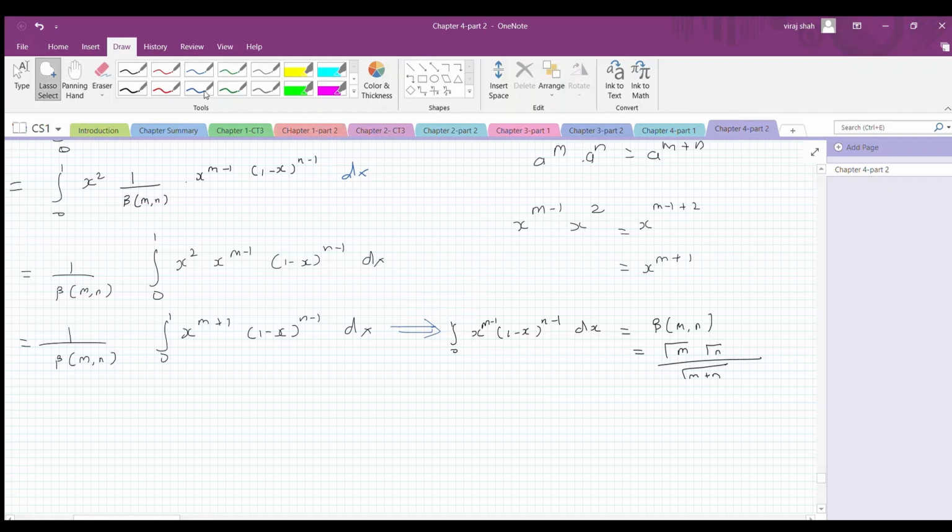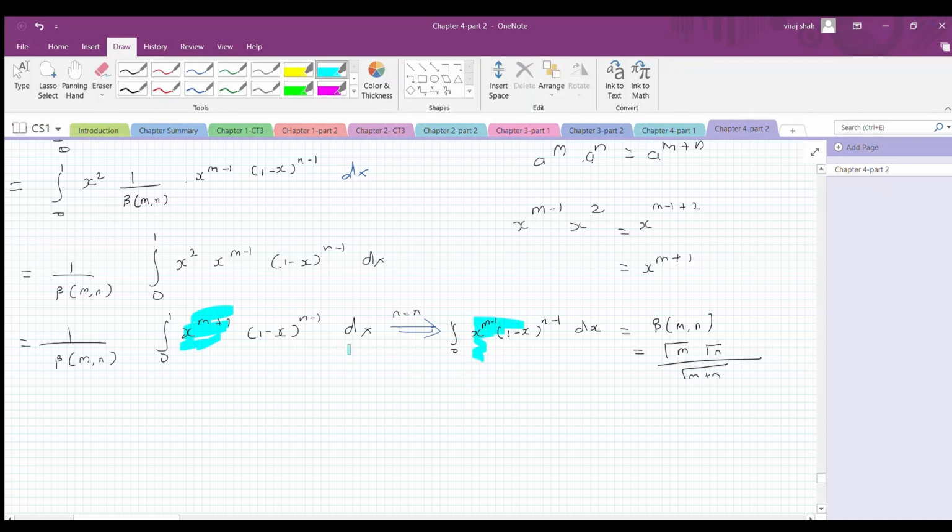Now let me compare my answers. If you see this term and this term, these are exactly the same. So now I can say that my n is equal to n. So my n would be equal to n. Similarly, if I compare these two terms, this term and this term, it is not the same.